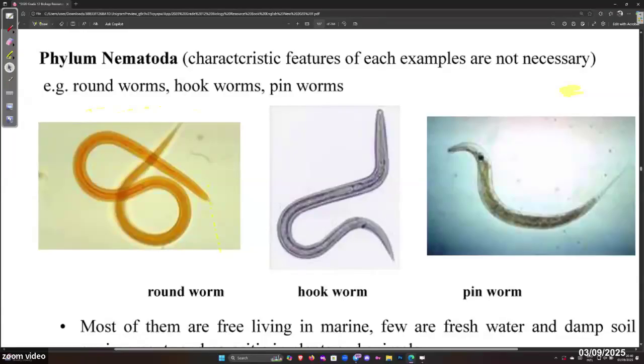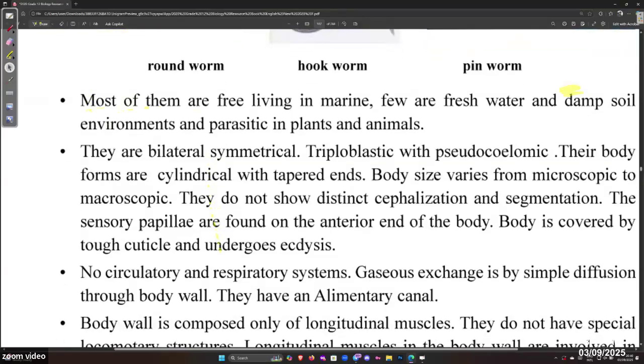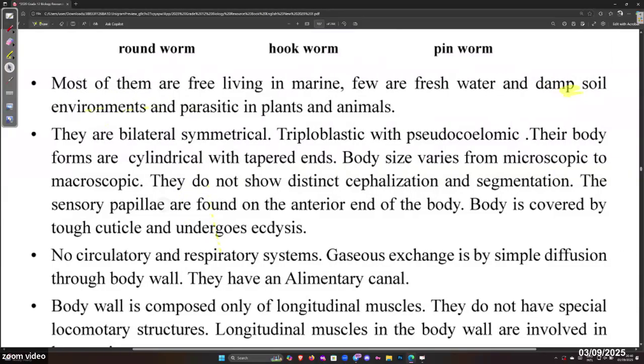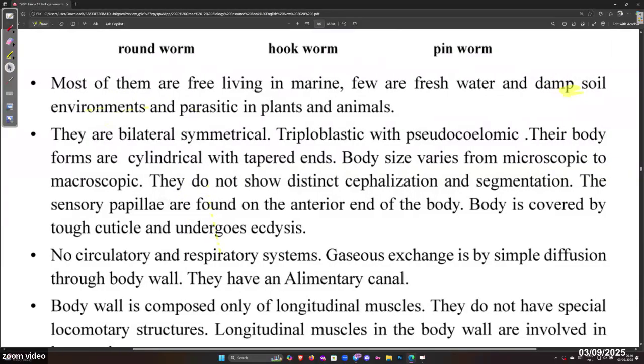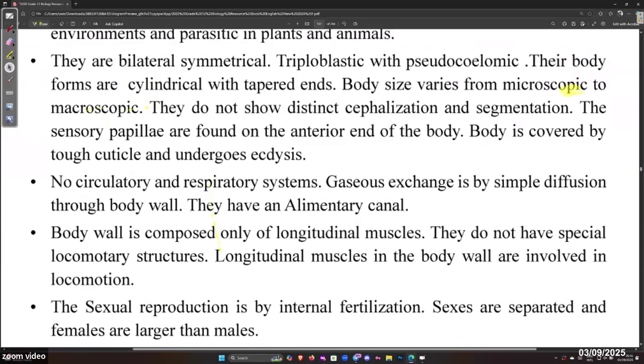Let's quickly go through the resource book to see the points. The examples: roundworms, hookworms, and pinworms. Most of them are free living and live in marine environment, freshwater, damp soil. They are bilaterally symmetrical, triple blastic with pseudocoelom. Their body forms are cylindrical with tapered ends.